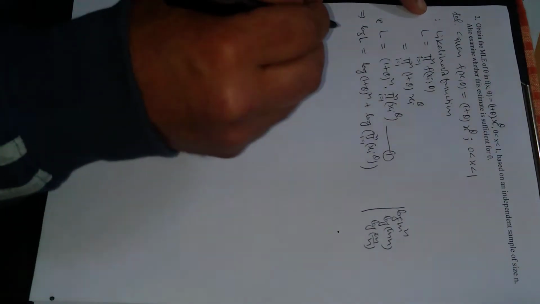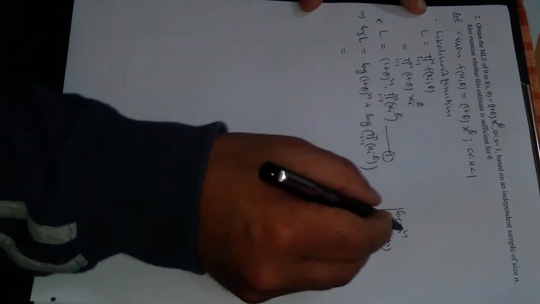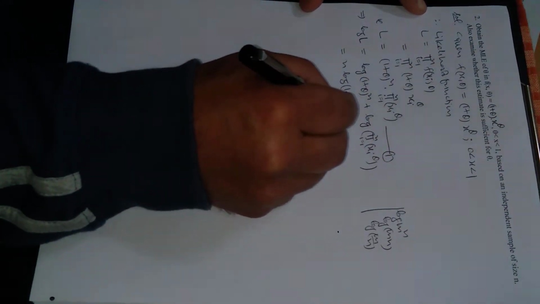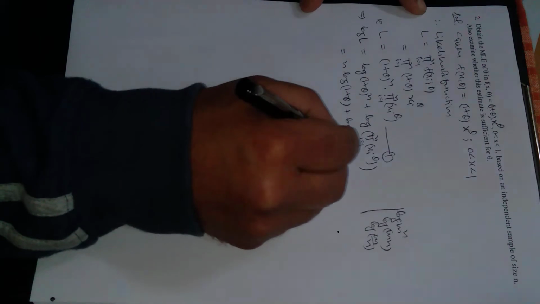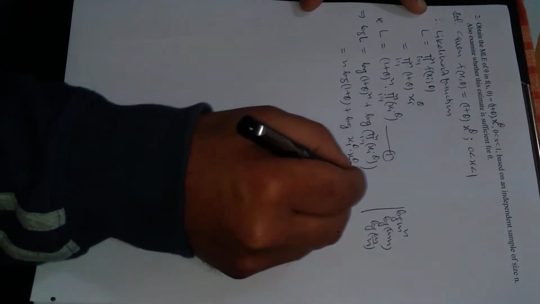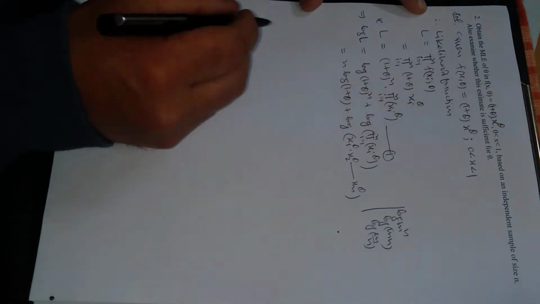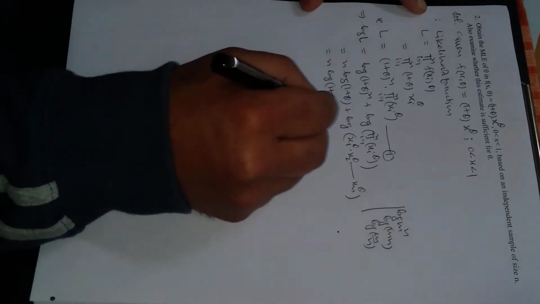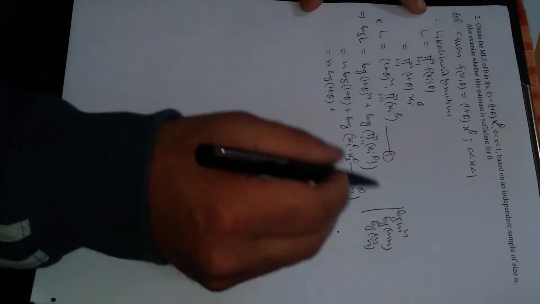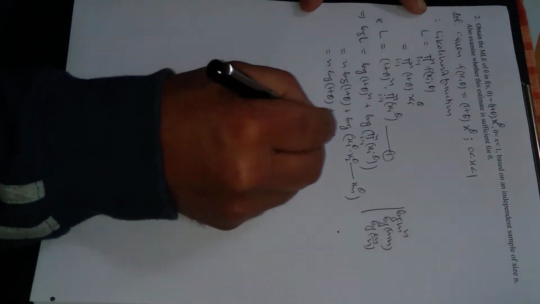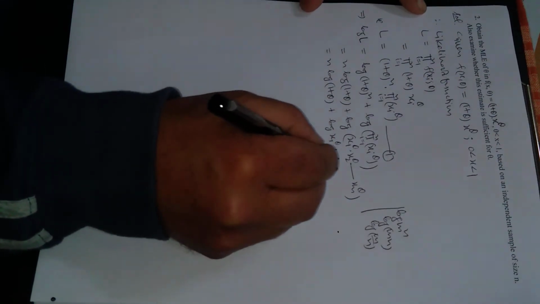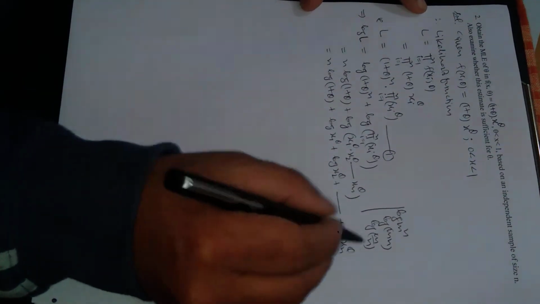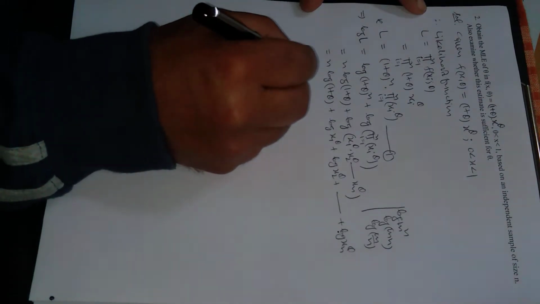Using the formula, this is n log (1 plus theta) plus, opening the product, log of x1 raised to power theta, x2 raised to power theta, and so on up to xn raised to power theta, which equals n log (1 plus theta) plus log of x1 raised to power theta plus log of x2 raised to power theta, and so on, plus log of xn raised to power theta.